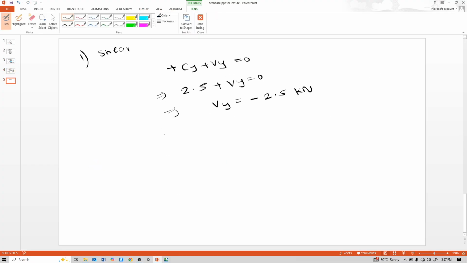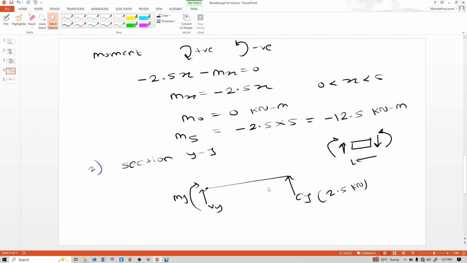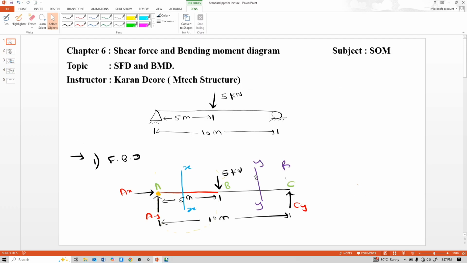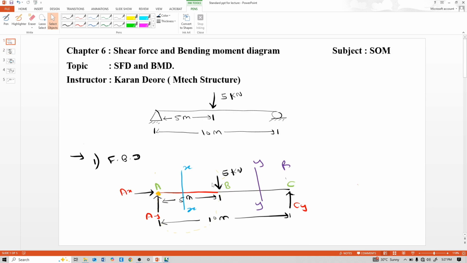And moment is, that means this is at x between 5 to 10, because see, where we take the YY section, between 5 to 10 there is similar section, no loading. And moment is, I will tell you also a simple thumb rule for calculation of this moment and shear. No need to calculate like this method, this is only for understanding purpose.